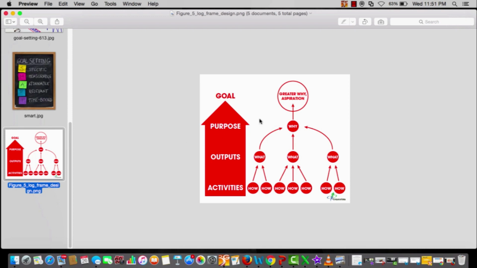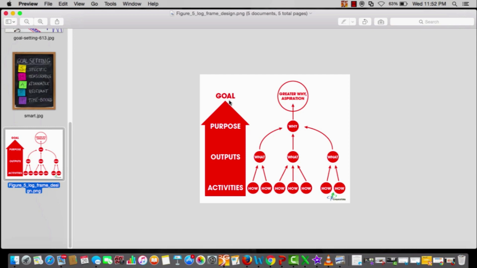If 30% of people in that community are living on less than $1 a day, your ultimate goal will be to reduce that 30% to maybe 5%. So that becomes your target.